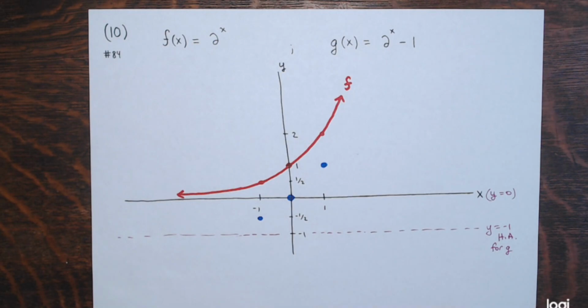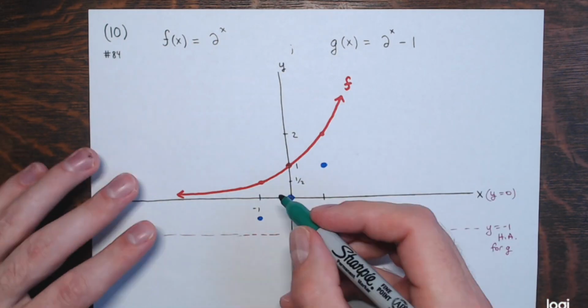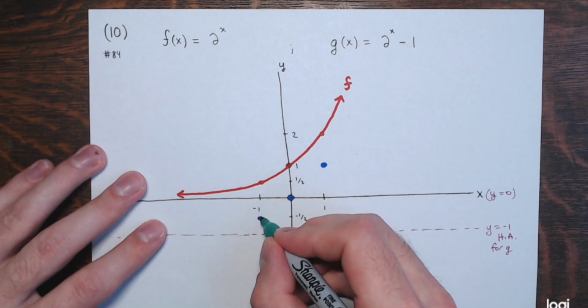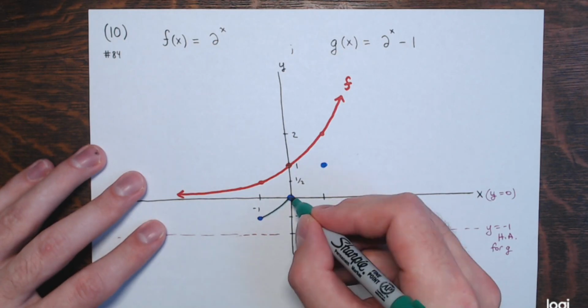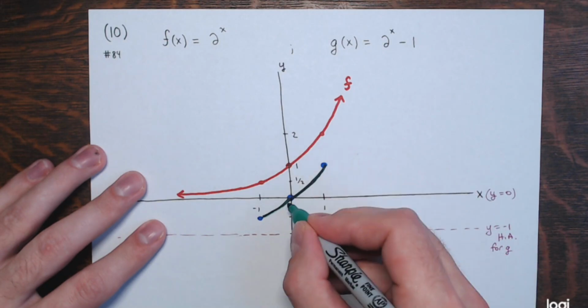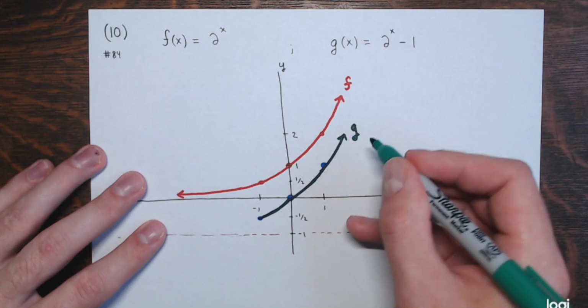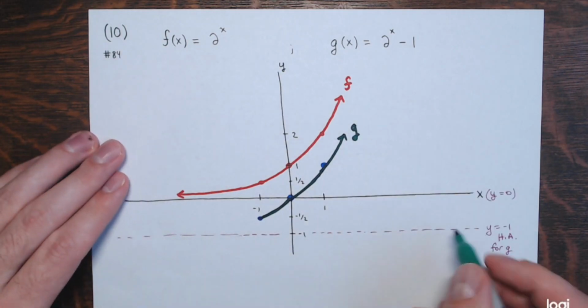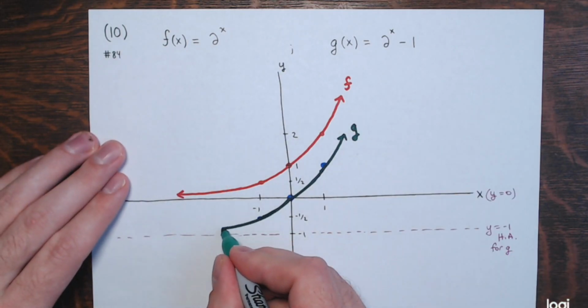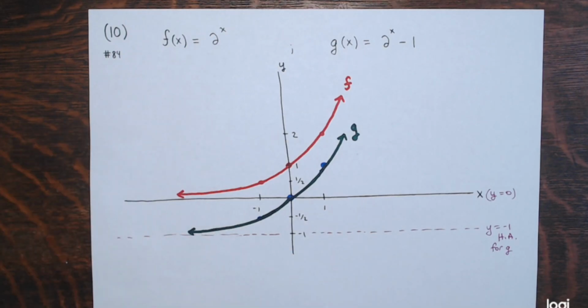And it should have the same exact shape. So again, this is a hand drawing, probably not going to look perfect, but should have the same exact shape as f. All right, there's g, and then again the line y equals negative 1 is now the horizontal asymptote. The graph will be approaching that line without actually touching it.